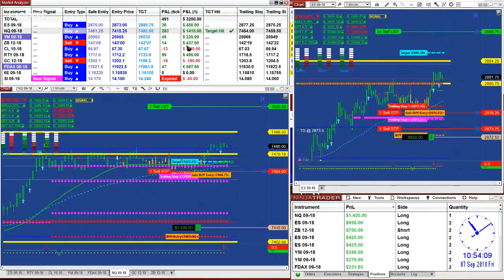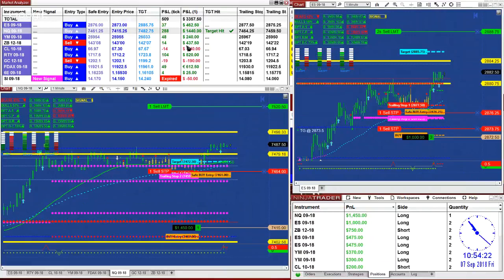Like what you have seen me, I'm trying to pull down the trailing stop. I'm trying to keep my eye on the ES. I can read the ES, I can read those lines, and I know this chart on the ES and the NASDAQ are working in conjunction with each other.